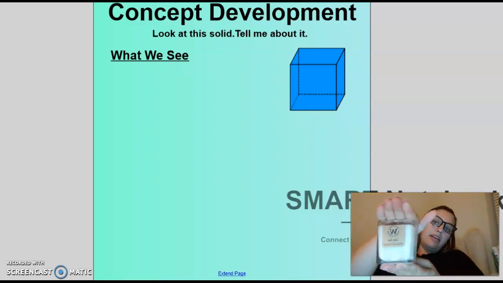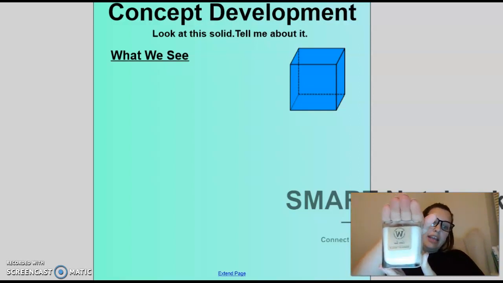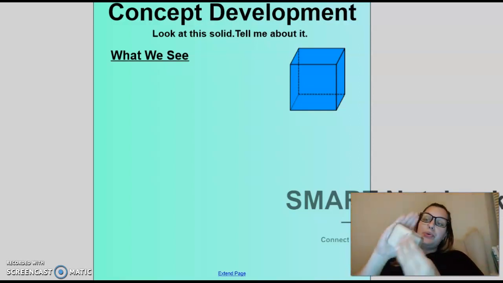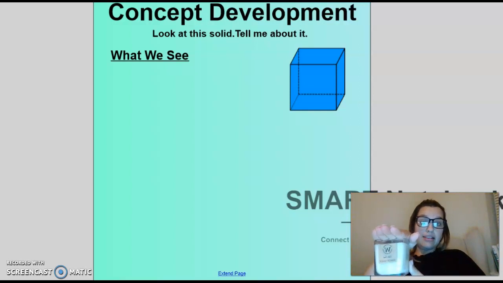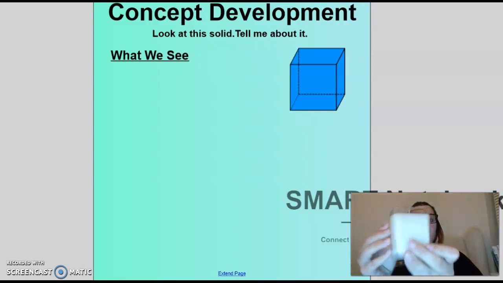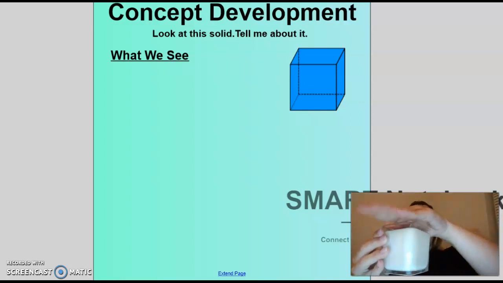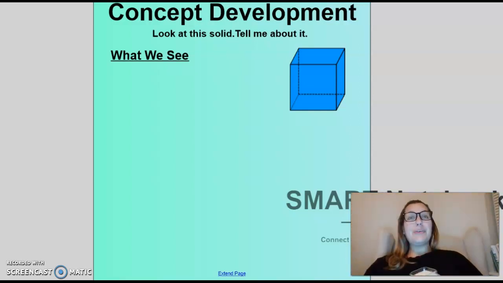If I had a top on it, it would be a cube. This is called a cube. This is a real life cube if there was a top on it. Another great example of this is a dice. If you've ever played a game and you've rolled the dice, a dice is a cube.